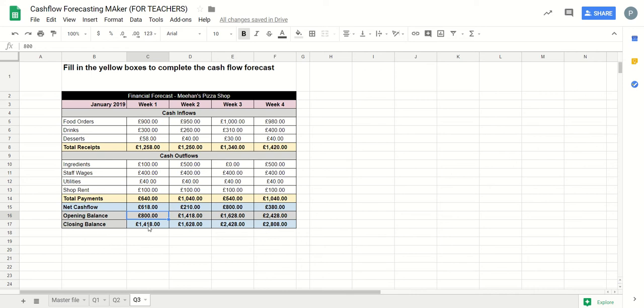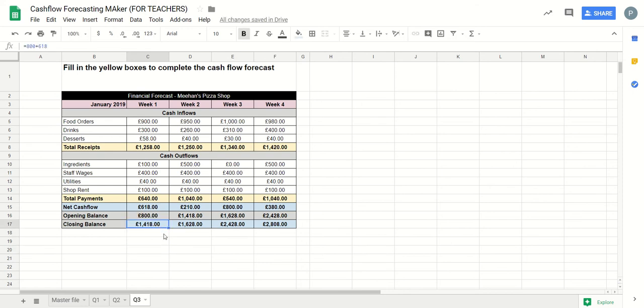Our closing balance then is worked out from this net cash flow, which is the difference between the inflow and the outflow. So that taken away or added to the opening balance. If this number's positive, we add it. So what we're doing here is we're taking this opening balance of £800 and adding 618 to it.